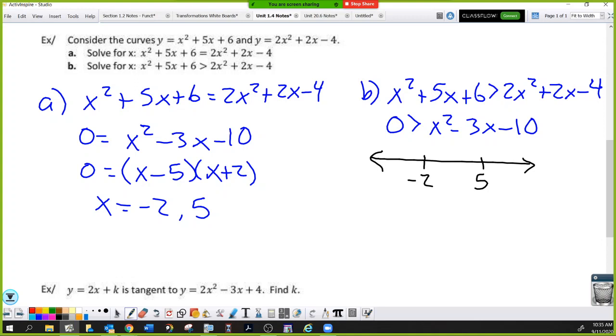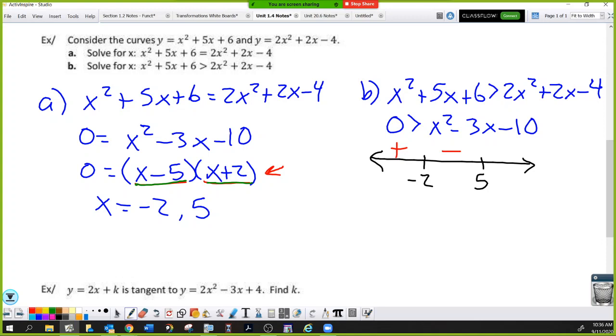I'm going to be throwing them in over here just to test the sign. So if I throw negative 3 in, I get negative number times negative number, which is positive. And then you could throw in something that's between negative 2 and 5, like 0. That gives you negative number times positive number. That's negative. Found part of our solution.